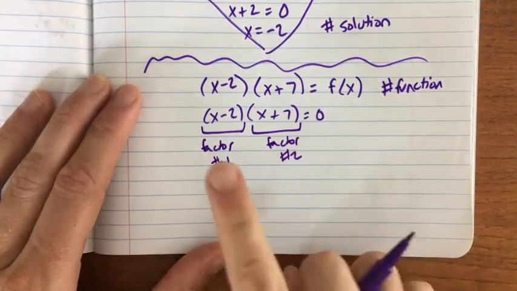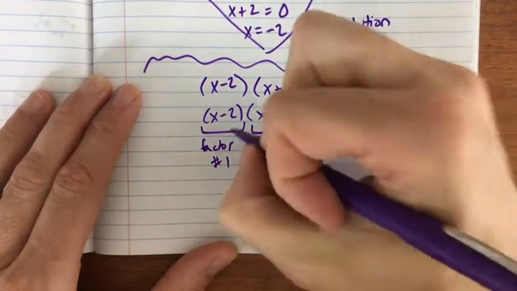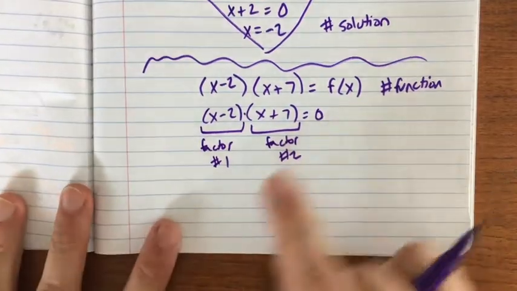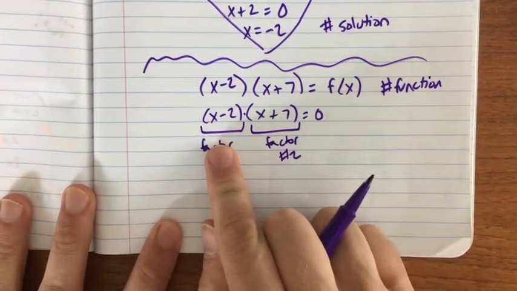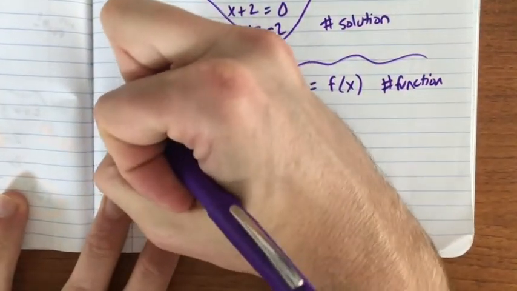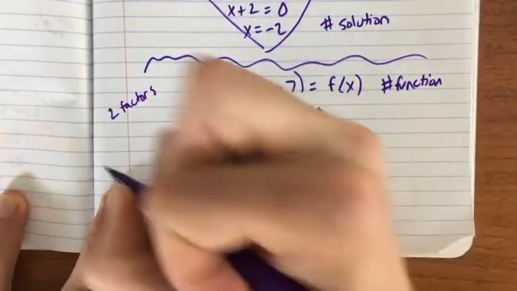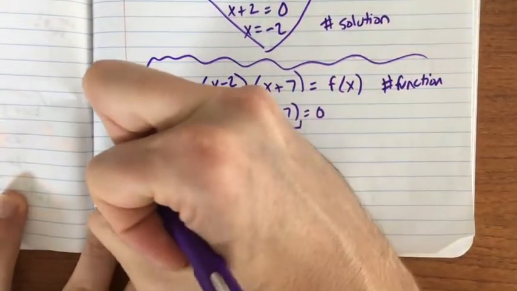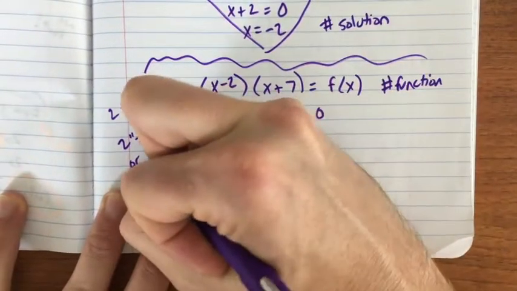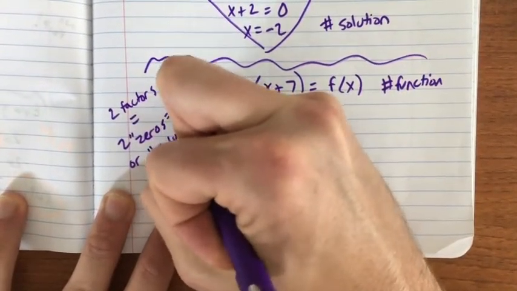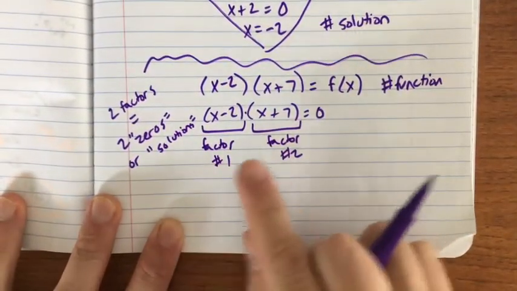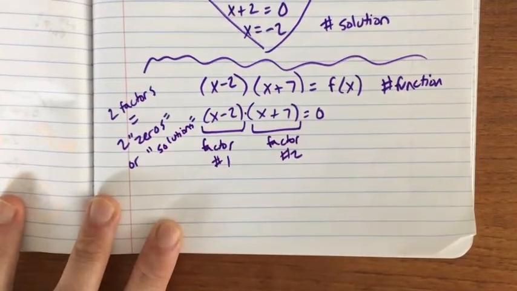And so the big idea here is if I have two factors and I multiply them together and they're equal to 0, what that tells me is I could make this number a 0, or I could make this number a 0. So 2 factors makes 2 zeros, or the other vocabulary word is, we can call it a solution. Okay, so when we see 2 factors, that means that each of these we could turn into a 0.